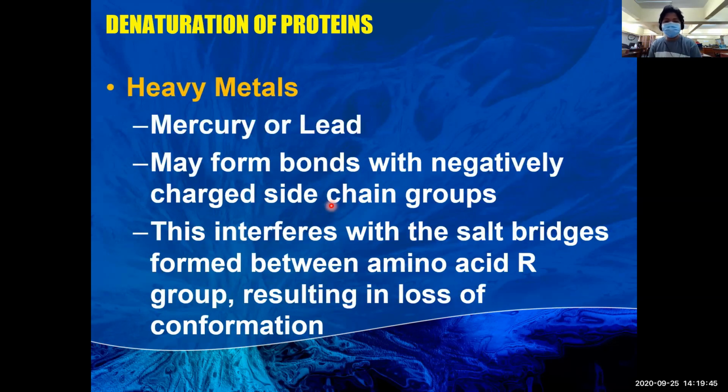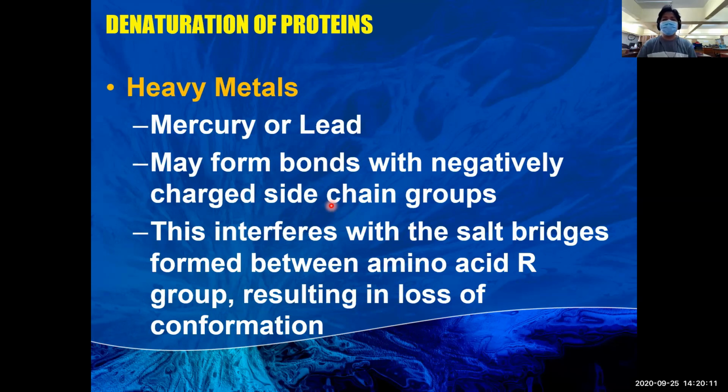Heavy metals like mercury or lead are another denaturing factor. They may form bonds with negatively charged side chain groups. When they bond with the side chain groups, this interferes with the salt bridges formed between the amino acid groups, resulting in loss of conformation.